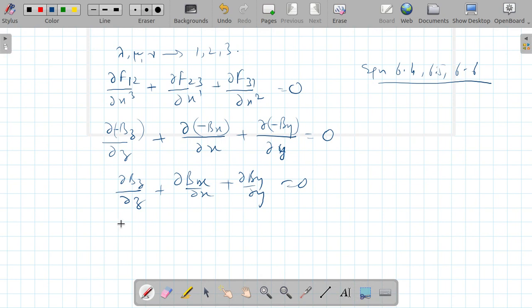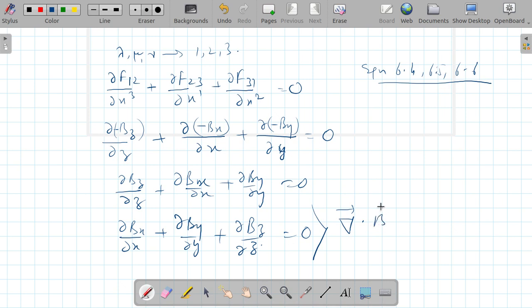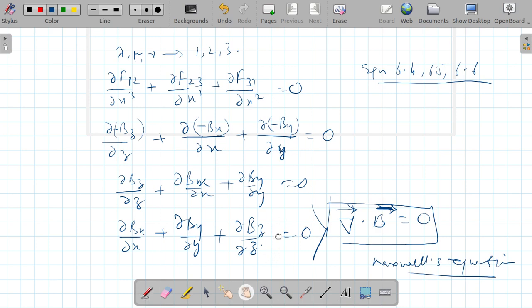If we arrange it systematically, ∂Bx/∂x + ∂By/∂y + ∂Bz/∂z = 0, and this leads to del dot B equals 0. So this is one Maxwell's equation, derived from here.